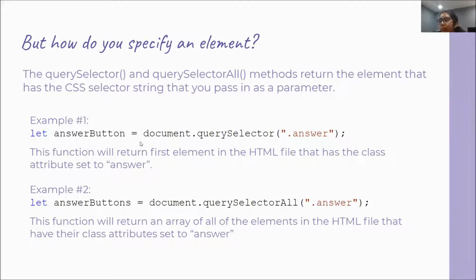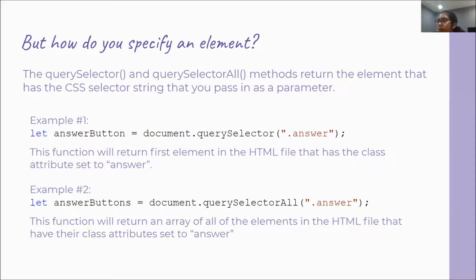I'm just going to run through the examples because that's a lot easier to help understand. So here I've declared a variable called answerButton, and here I'm going to do document.querySelector, and then in parentheses, I need to put a CSS selector string that specifies what CSS attribute the element has.